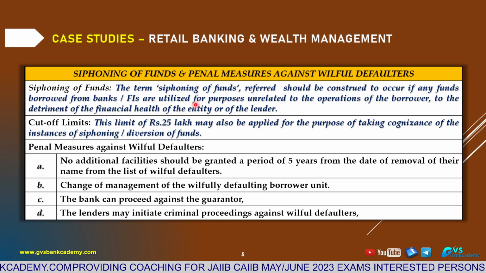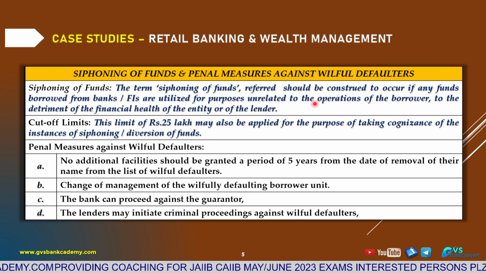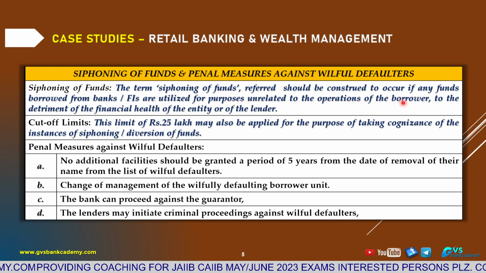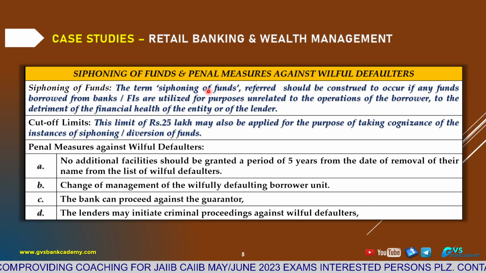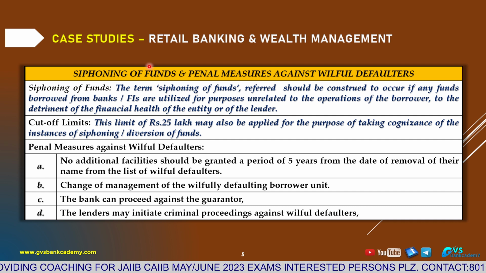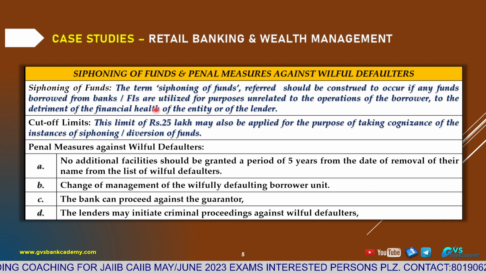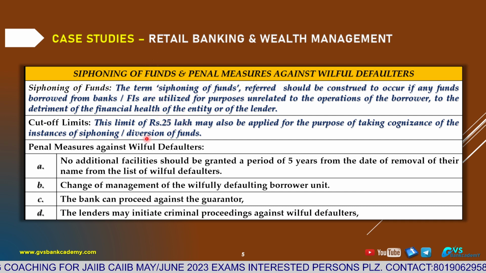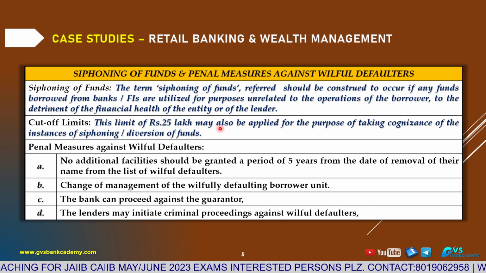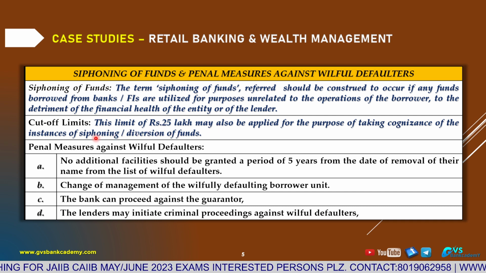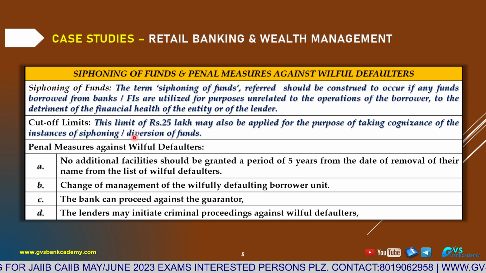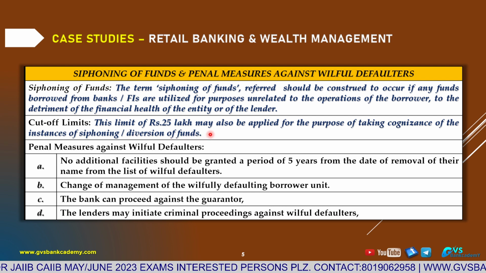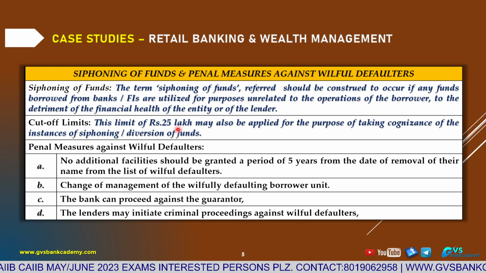That is called siphoning of funds. Cut-off limit for declaration of willful defaulter, for diversion of funds and siphoning of funds, is 25 lakhs.